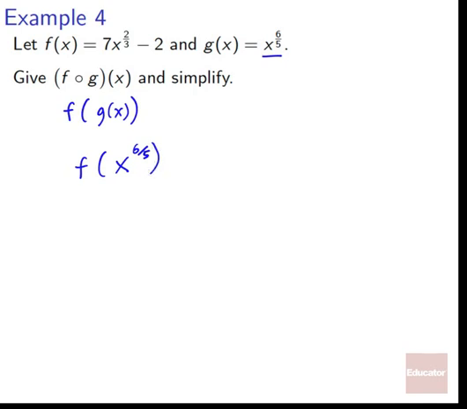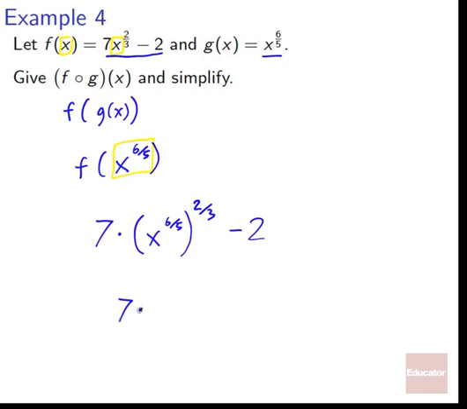So now it's not about the x, it's about where does the box of input go into our formula for that function. So f of box equals 7 box to the 2/3 minus 2. So in this case, our box is x to the 6/5. So we've got 7 times box x to the 6/5, and then that box raised to the 2/3 minus 2, because that's what our whole function said before.